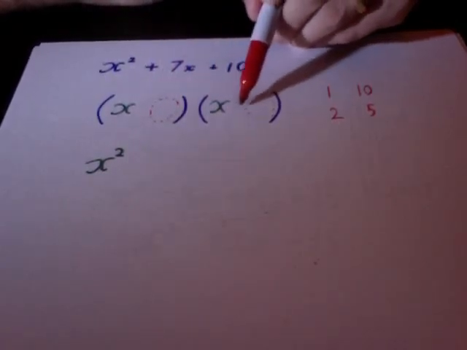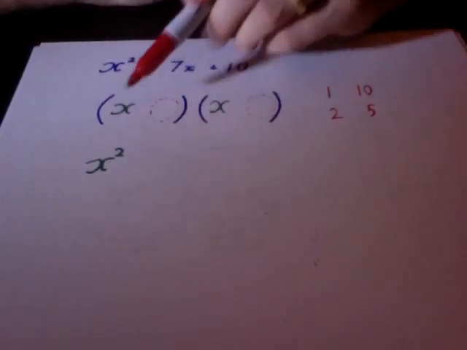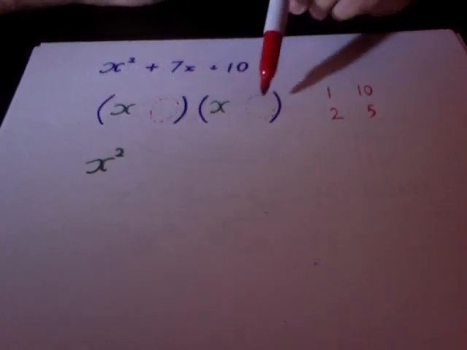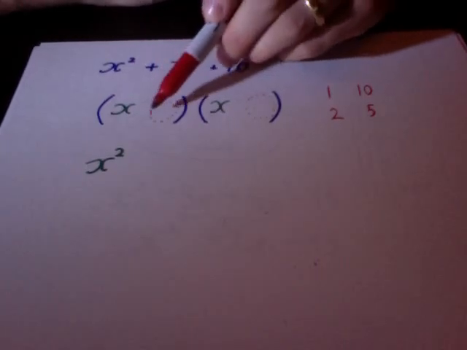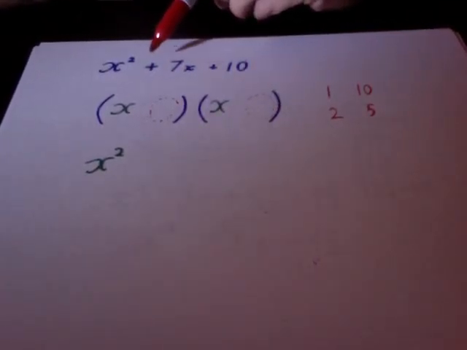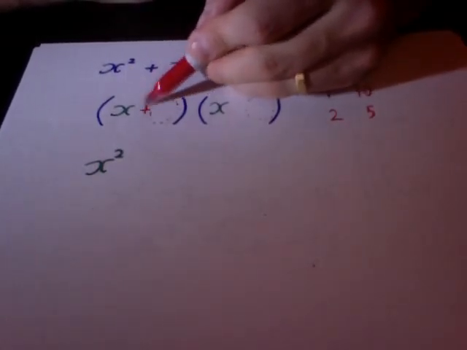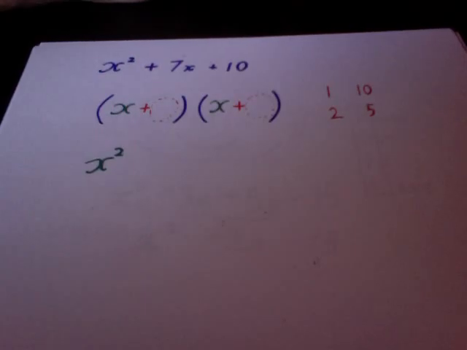And if that's a plus sign, then this here will give me a positive number times x's, plus some more x's, and that will be a positive number of x's. If they were minus signs, I'd get a negative number of x's. Since I've got a positive number of x's, I know that this must be a plus sign, and this must be a plus sign. Great.